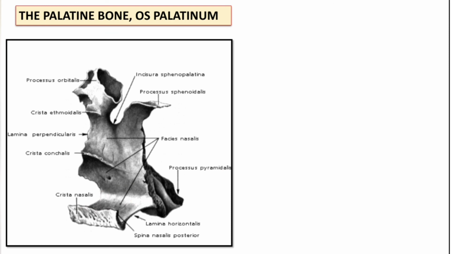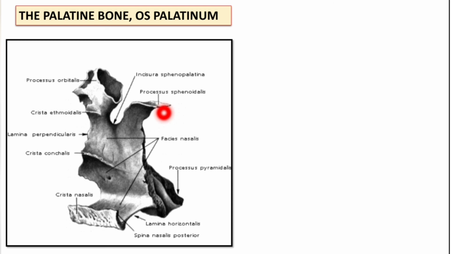One more thing, I only mentioned the three processes which project from the perpendicular and the horizontal plate of the palatine bone. This is the orbital process, processus orbitalis. This is the sphenoid process, processus sphenoidalis.